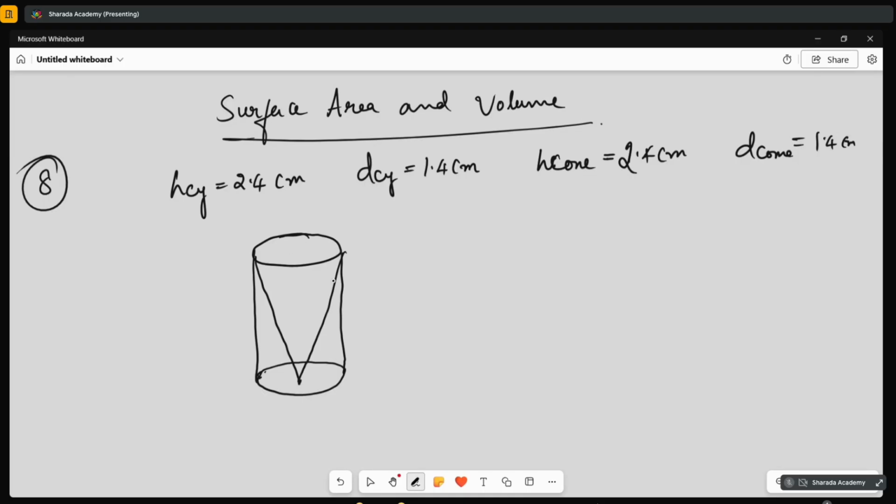So this is a cylinder, solid cylinder. In that there is a conical cavity.